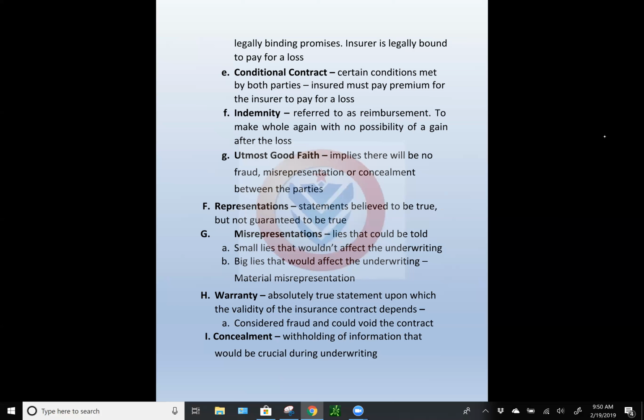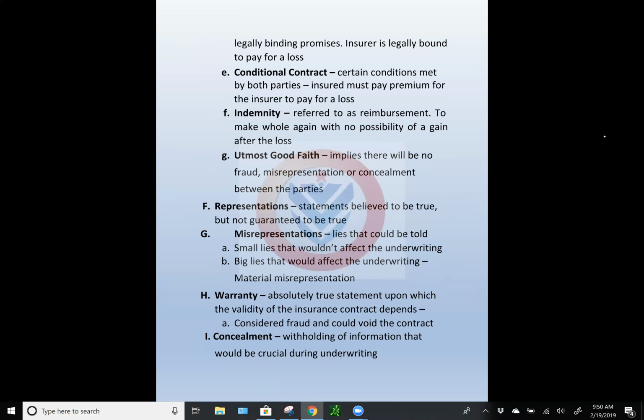All right, let's go on to representations and misrepresentations. So let's say you are doing an application on me. You ask me a question on the application. The answer I give you is a representation. It is a statement that is believed to be true, but it is not guaranteed to be true. Because what if I have a few health problems?